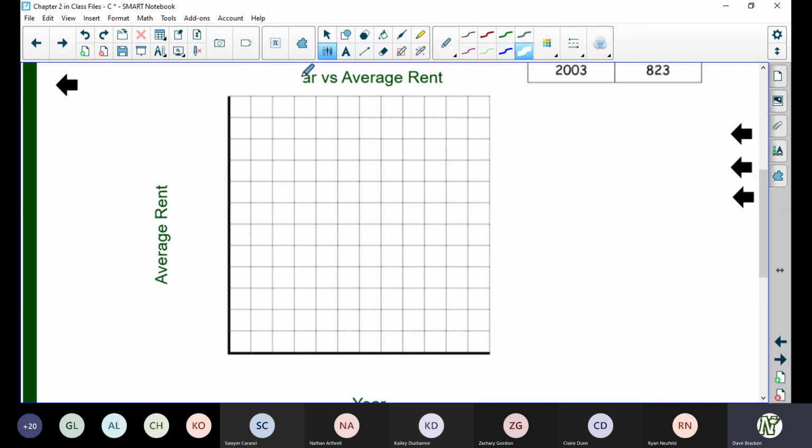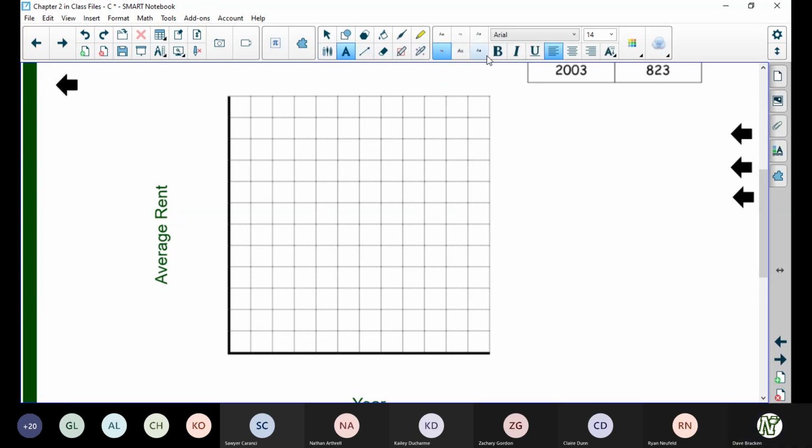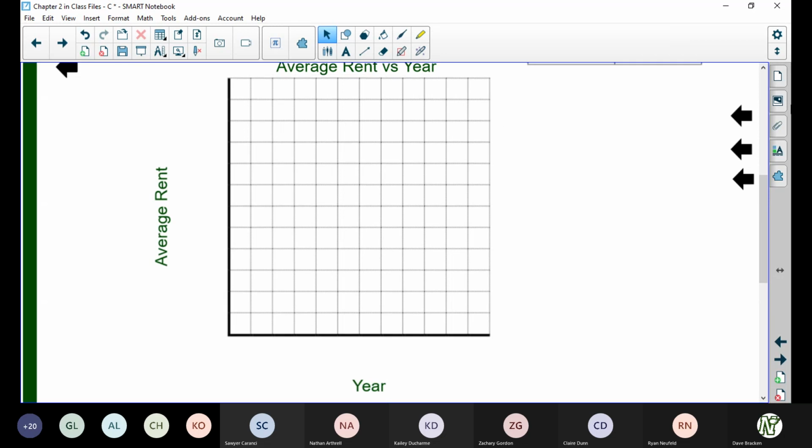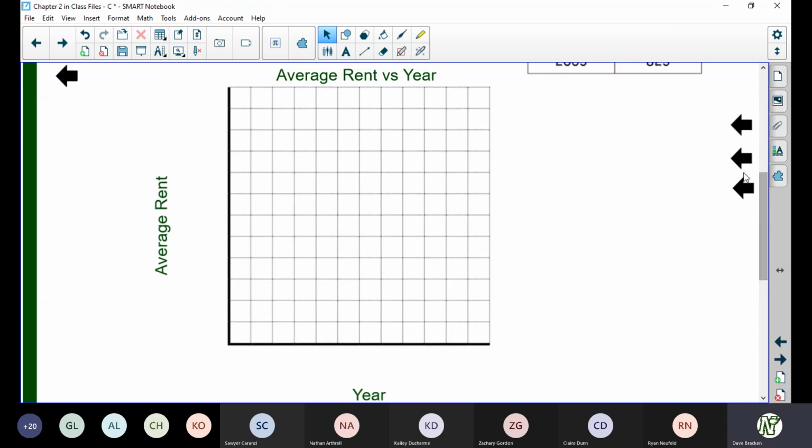So I'm going to correct that. Average rent, it's always the side versus the bottom, okay? So is everybody okay with that part right there?